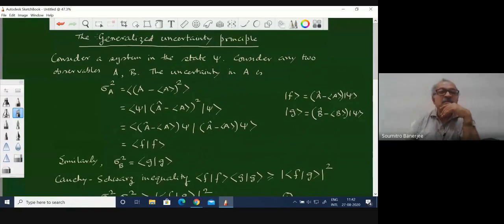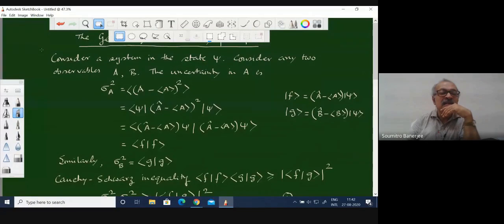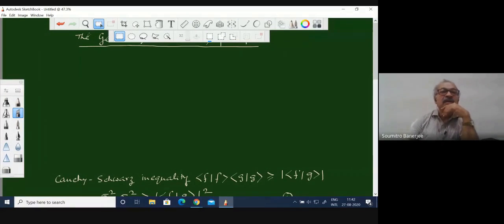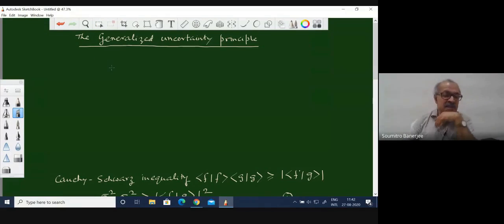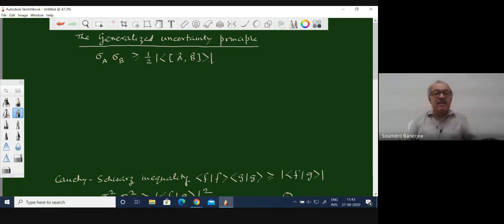So let me clear this part up and write the generalized uncertainty principle: the uncertainty product sigma A, sigma B of the two variables A and B should be greater than half of the modulus of the expectation value of the commutator between A and B. So this is the statement of the generalized uncertainty principle.